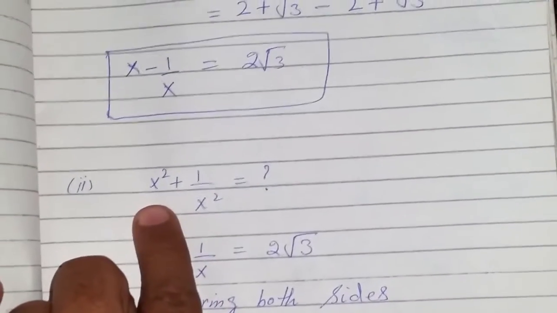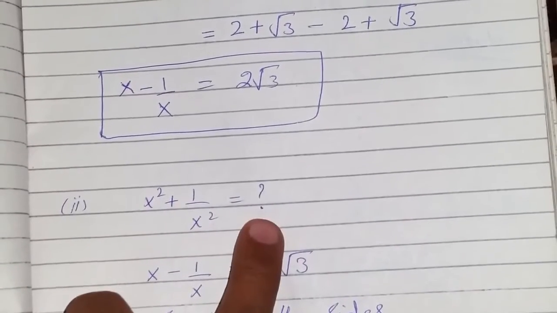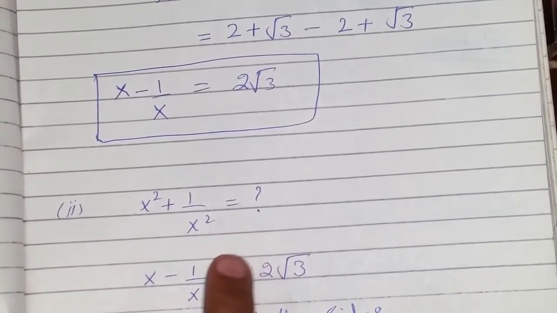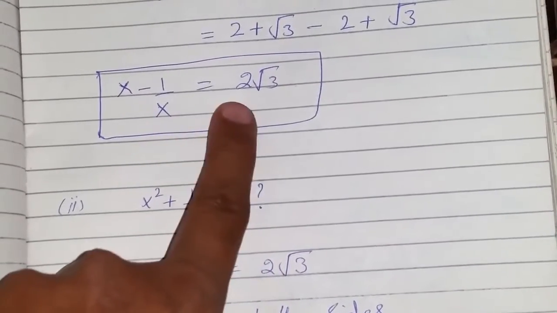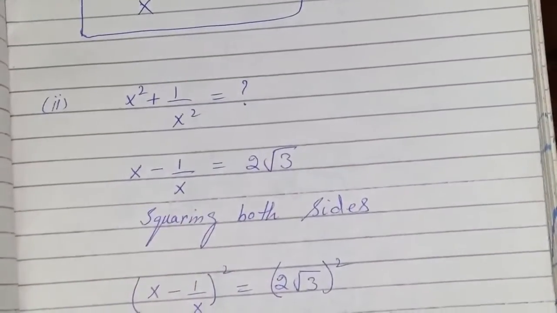Again, this is the second part, x square plus 1 over x square, that is, this part is yet to be found. So for this I am taking this expression again here and squaring both sides.